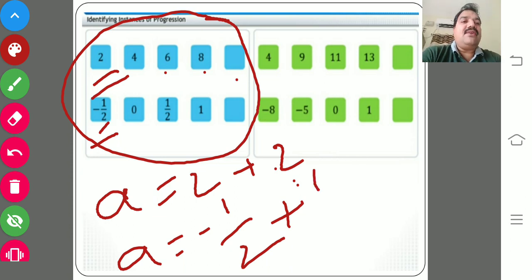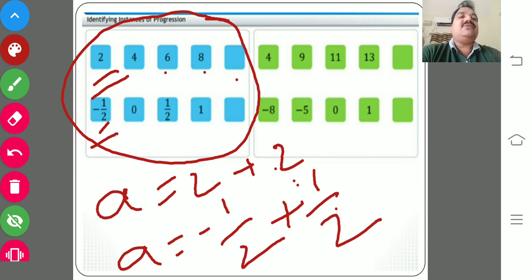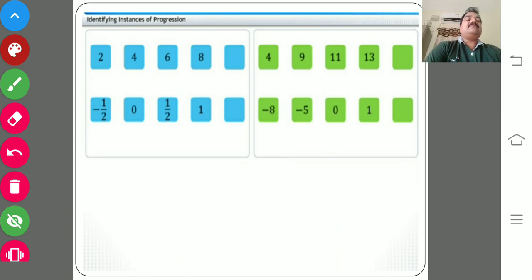And if you add 1 by 2, a constant number, to the first term, you get 0. And 0 plus 1 upon 2 is 1 upon 2. And 1 upon 2 plus 1 upon 2 is 1. And 1 plus 1 upon 2 is 1 and 1 by 2. So, it has followed one systematic rule.